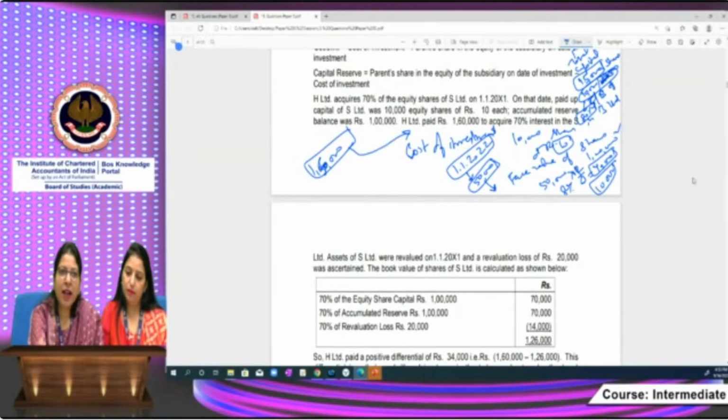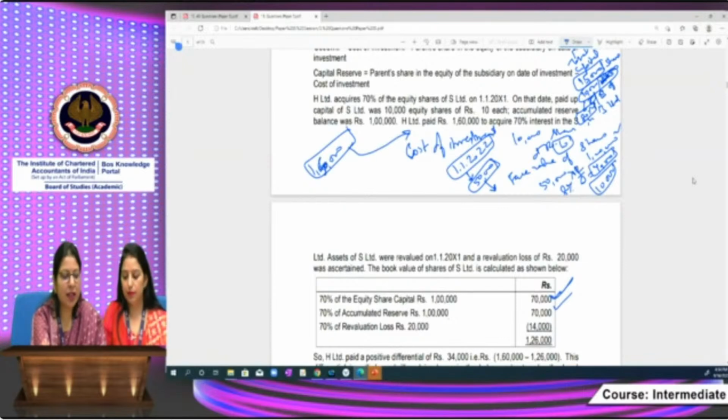So now here, the holding company is holding 70% of the equity of the subsidiary. 70% of 1 lakh is 70,000. So there is no doubt that we are having equity capital of around 70,000 rupees in the subsidiary company. Then what about the balance of profits of which I am holding the share? I am having 70% stake in the subsidiary. Now 70% of accumulated reserve of rupees 1 lakh, that is 70,000, will again be added to my book value in the books of the subsidiary, as I am the holding company and I am having 70% stake.